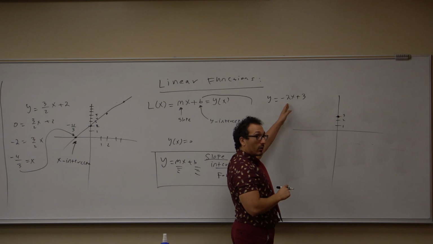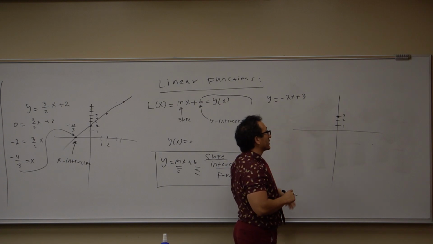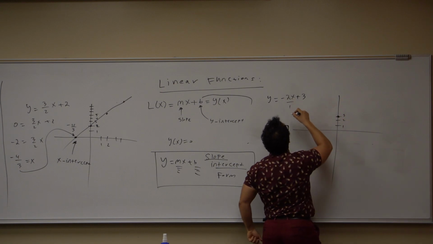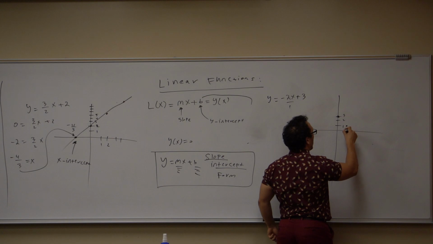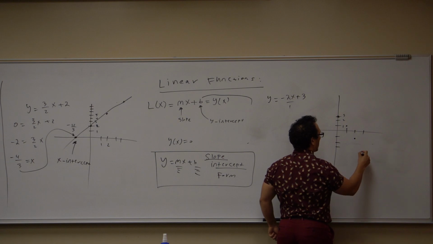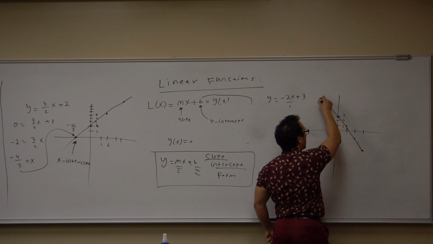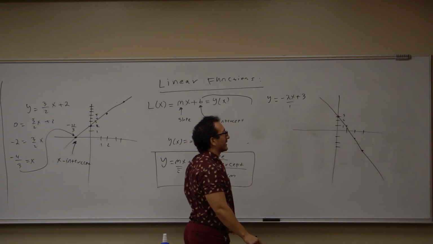It goes down instead of up because of the negative sign, so it goes down by 2 units, over by 1, put a dot, down 2, over by 1, I put a dot, and I connect these dots right here. So this is our line now.